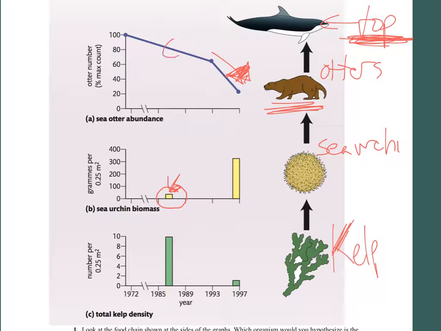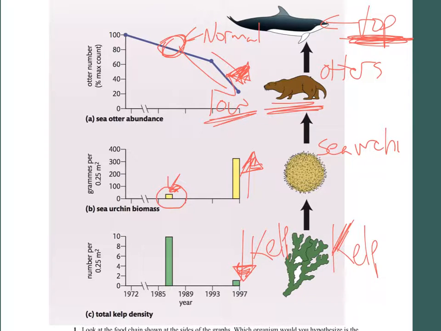So when otters are high, sea urchins are low. Okay? And this would be a normal range. So when otters are normal in range, sea urchins are low. Once otters decrease and are low in numbers, then sea urchins increase. The increase in sea urchins somehow leads to a decrease in kelp.